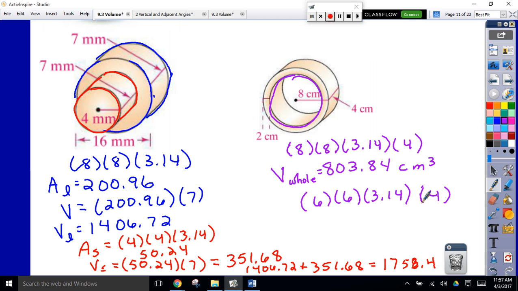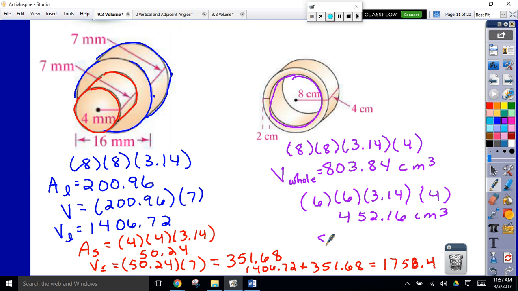Okay, when you do that, what do you get? Someone do it. Bryant? 452.16. Did someone else do it? Do you agree with that? Okay, now, because it's a hole, we are going to subtract.